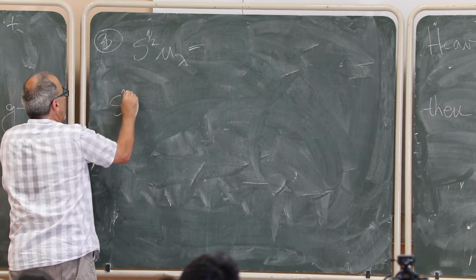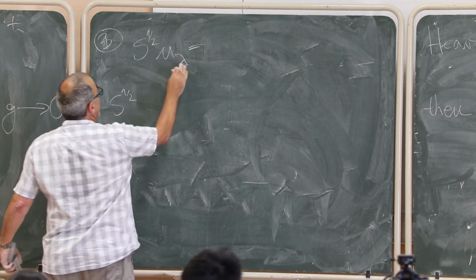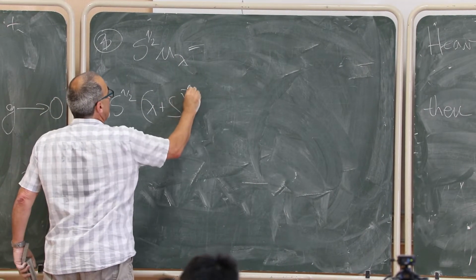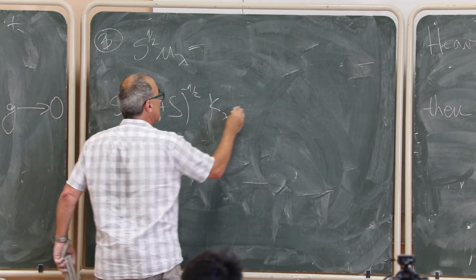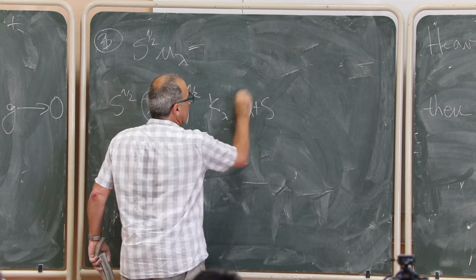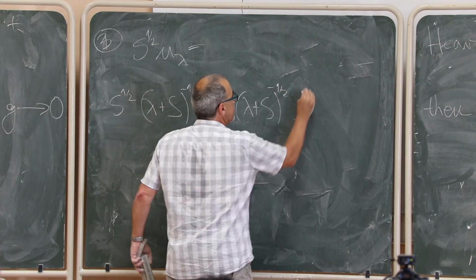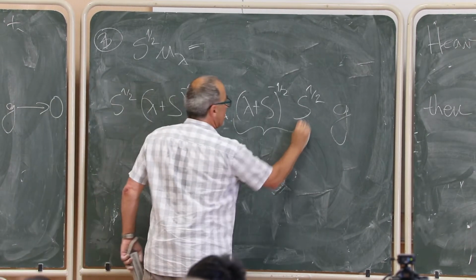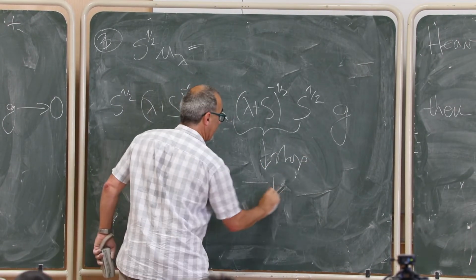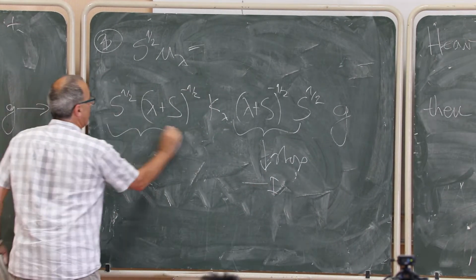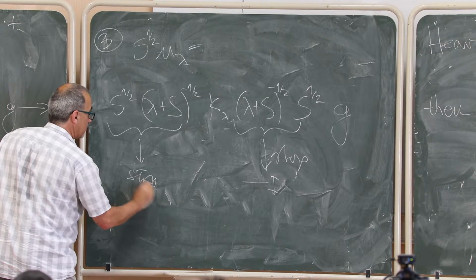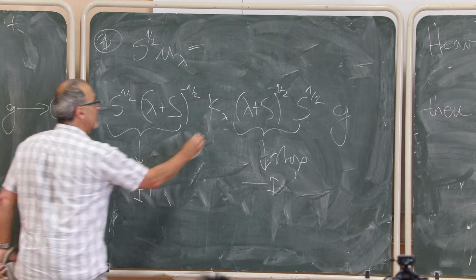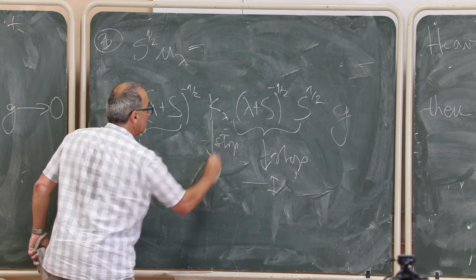I have S to the 1/2 R lambda F, where R lambda is (lambda plus S) to the minus 1/2 K lambda (lambda plus S) to the minus 1/2 S to the 1/2 G. And again, this converges strongly to identity, and this converges strongly to K.